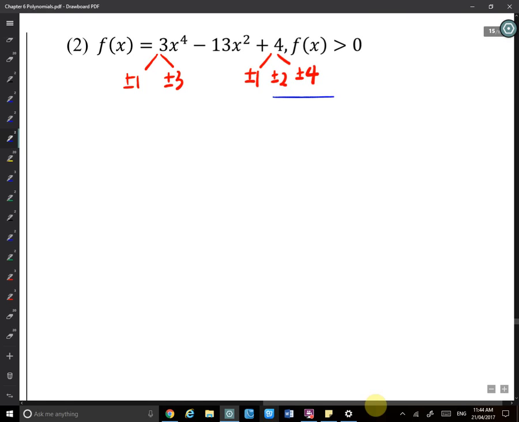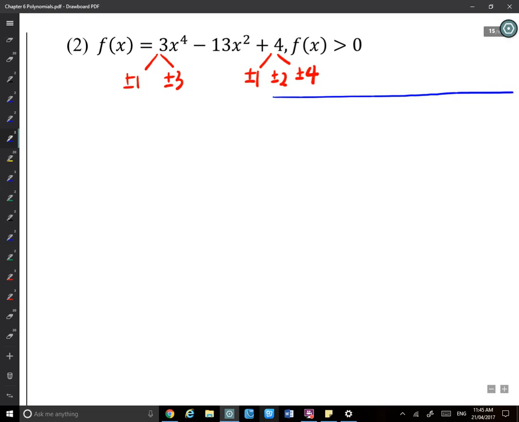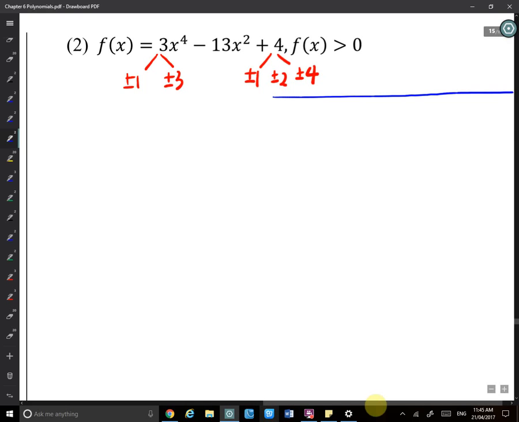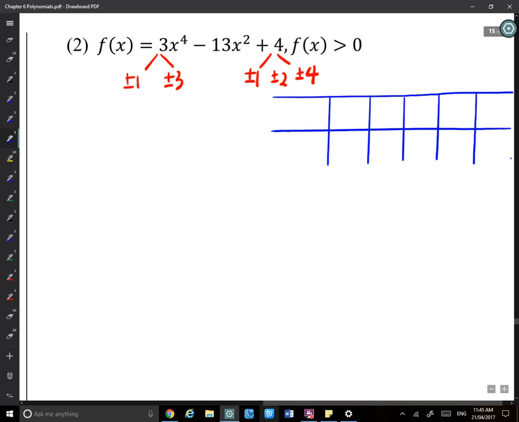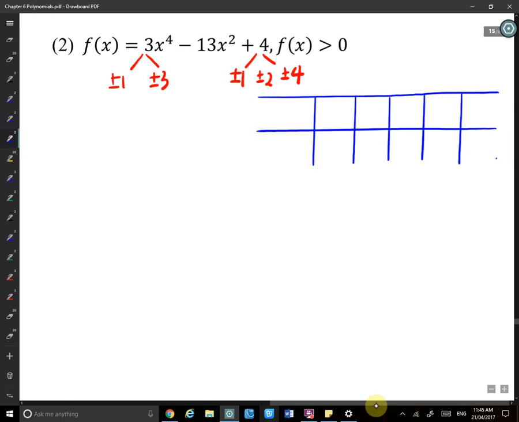Okay, so it's a quartic. You have x to the power 4, 3, 2, 1 and the constant. You should have 5 or 6 columns plus the initial column. Okay, x to the power 4, you have 3.